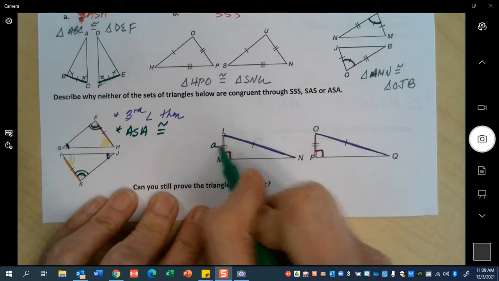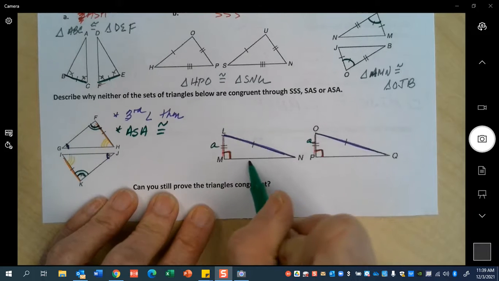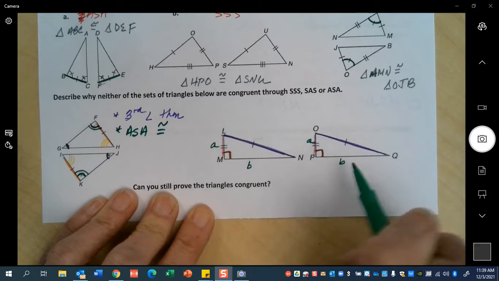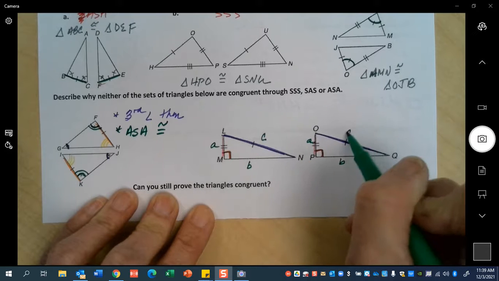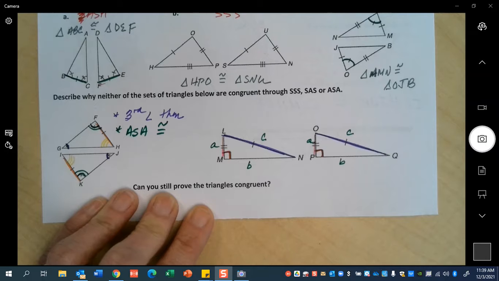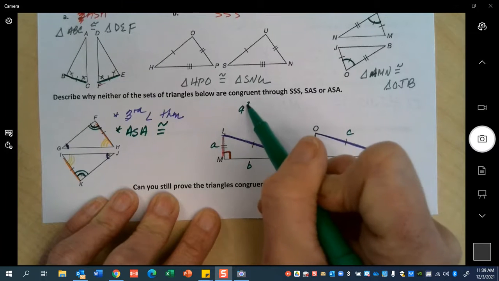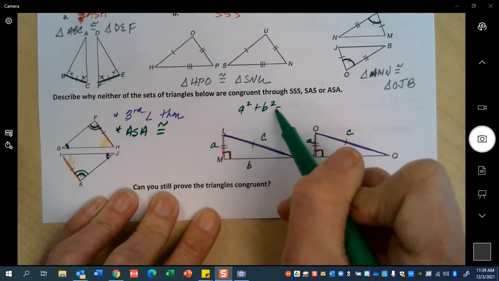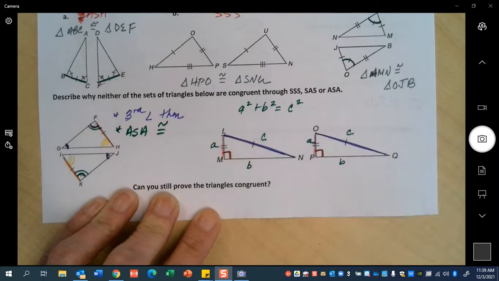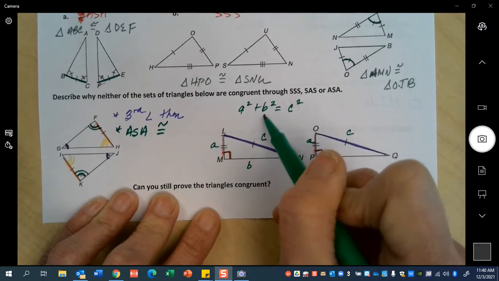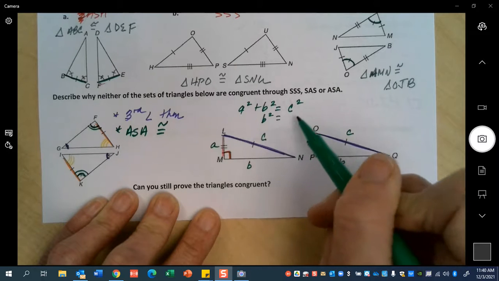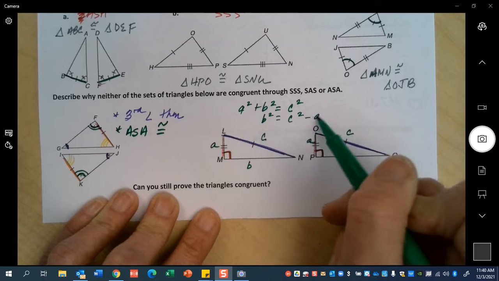If I call this A, and I call this B, and I call this C, what do we know about right triangles? That a squared plus b squared is equal to c squared. So for this one, b squared is going to be equal to c squared minus a squared.